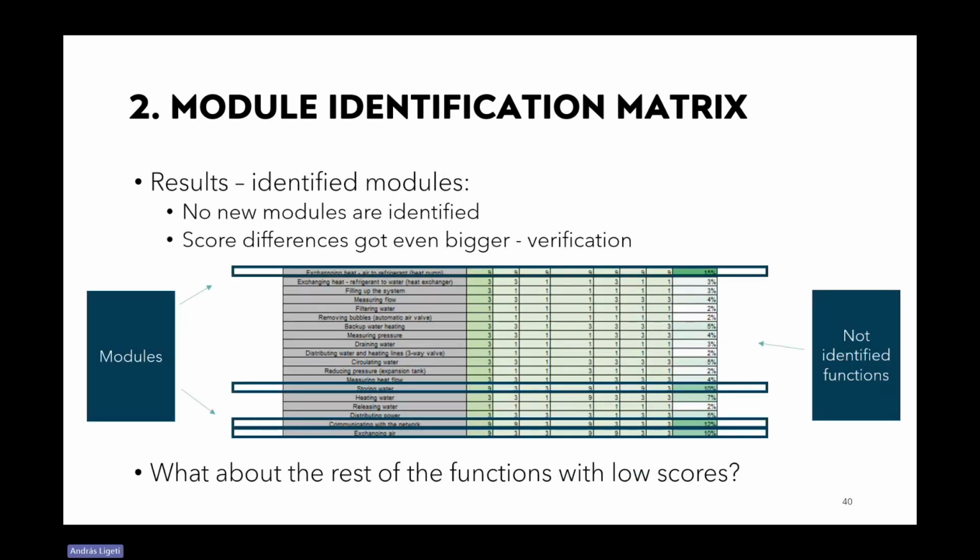And what was surprising after using this tool is that we got exactly the same modules that we had identified earlier by using the previous tool. And the difference between these numbers got even bigger. So it was good that we managed to verify the results of the previous tool, because the score differences got even bigger. But we did not get new modules identified by using this tool. So this was still a question: what should we do with these components which got a smaller score?